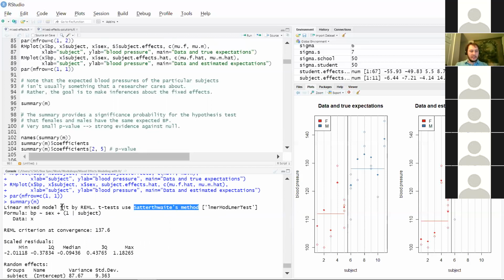Also, you'll see linear mixed effects model fit by REML, and that stands for restricted maximum likelihood or residual maximum likelihood, depending on who you ask. And it's just a variation on maximum likelihood that people tend to prefer in this context, but it's really well beyond the scope of this workshop.